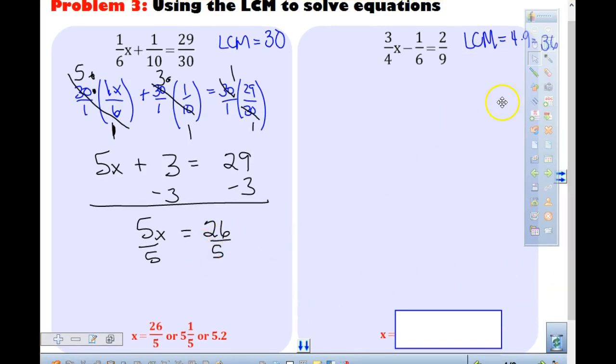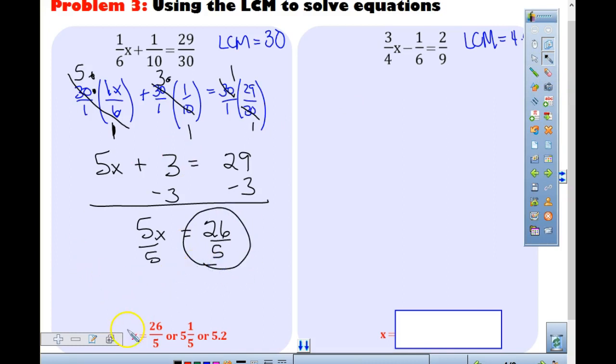Again, could we do a check with this? If I wanted to check 26 fifths, and I think that's my answer, I would go back, and if I was going to do my check, this is where some of you grab your calculator. We're going to put 1 divided by 6, right? That was the original problem.